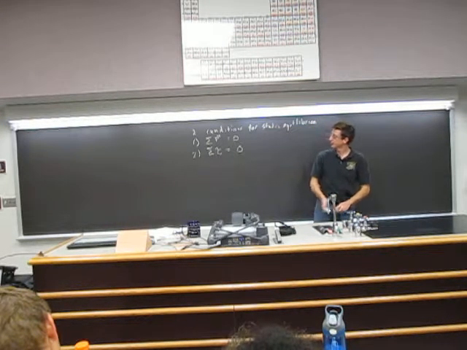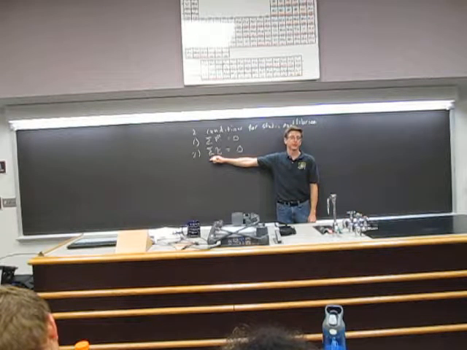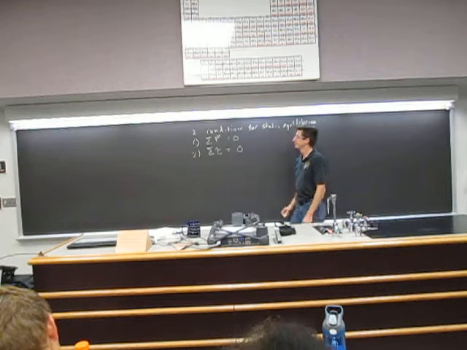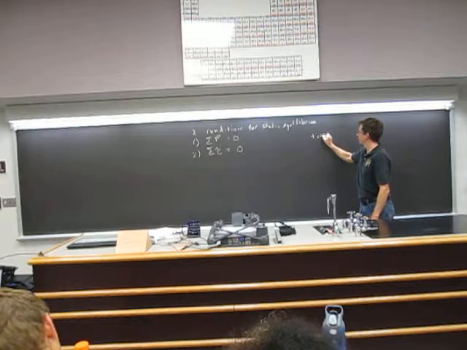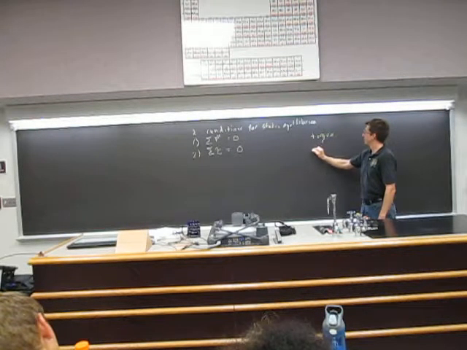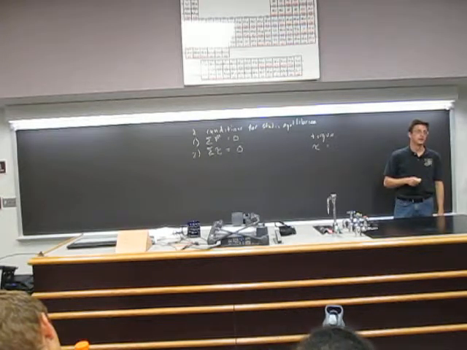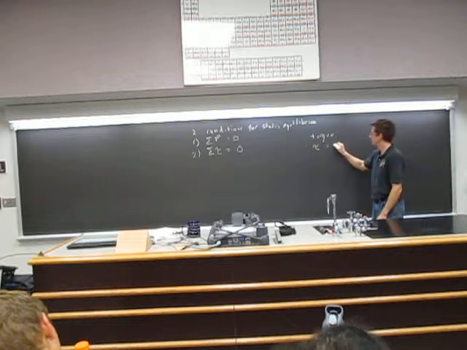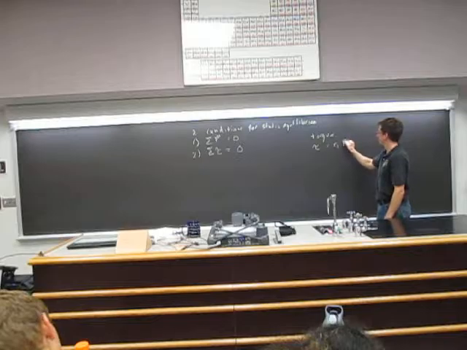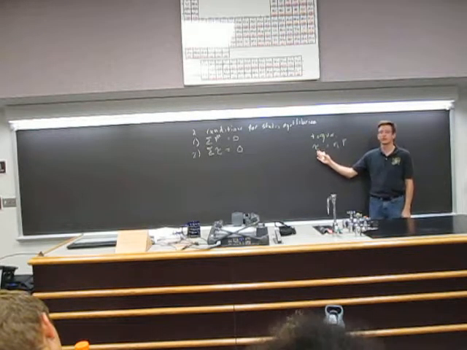So yesterday we introduced the definition of a torque. Torque, symbolized by a tau. What was it? R perpendicular times the force. So there's a torque associated with every force.